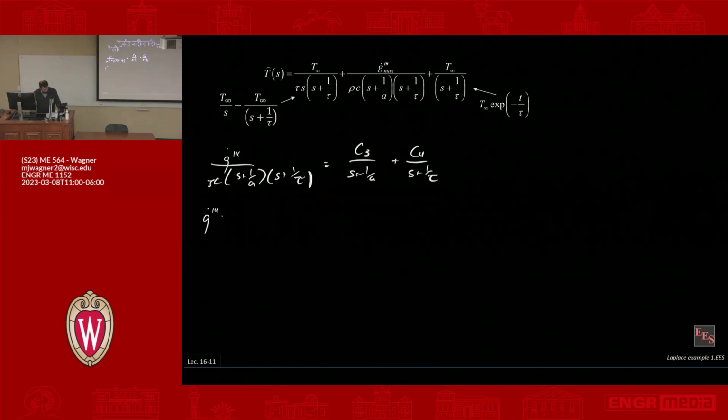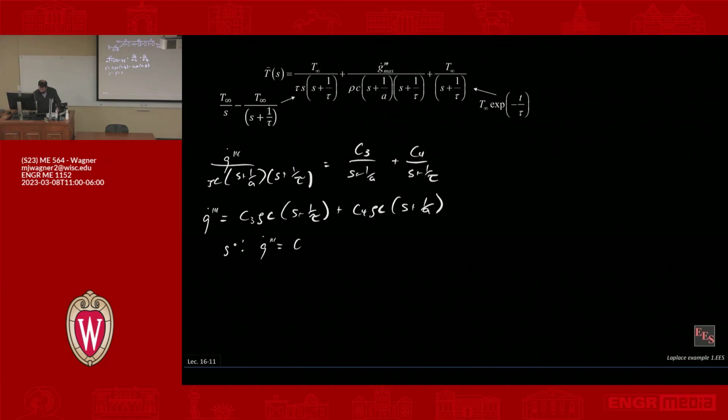g dot triple prime is equal to c3 rho c times s plus 1 over tau plus c4 rho c times s plus 1 over a. So s to the 0th power is going to be g dot triple prime equals c3 rho c over tau plus c4 rho c over tau. Oh, sorry, rho c over a, I think.